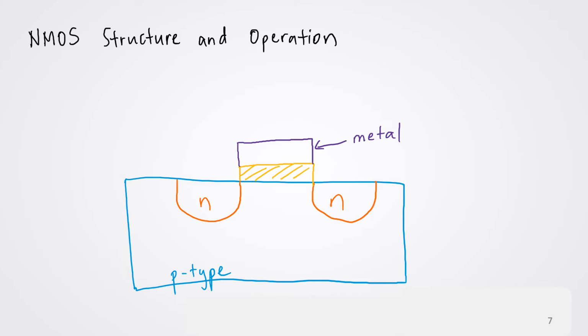In modern NMOS devices, this metal is usually heavily doped polysilicon. This is the structure of the NMOS, and it has three terminals, namely the source, the gate, and the drain regions, as annotated on this slide.